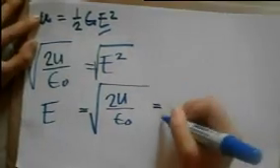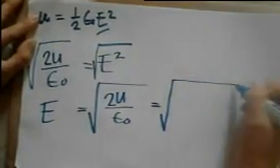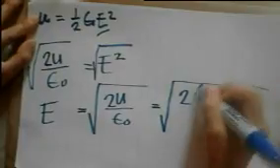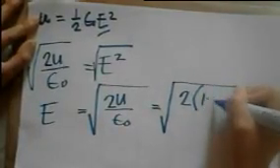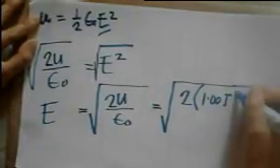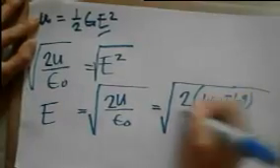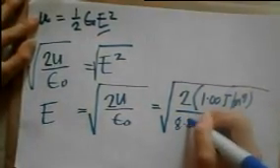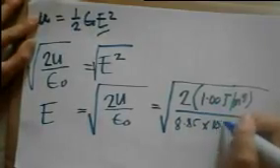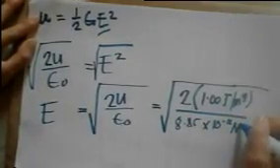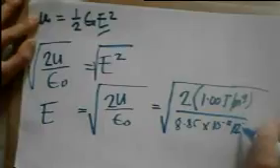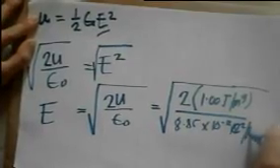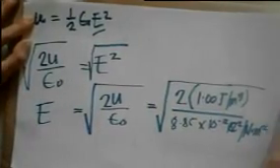Substituting the values, we have the square root of 2 times u, which is 1 joule per cubic meter, over the value of epsilon naught, 8.85 times 10 to the negative 12 C squared per newton meter squared.